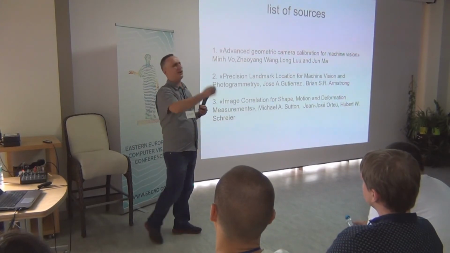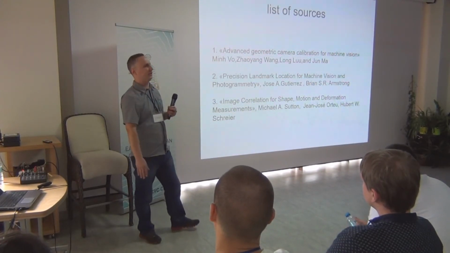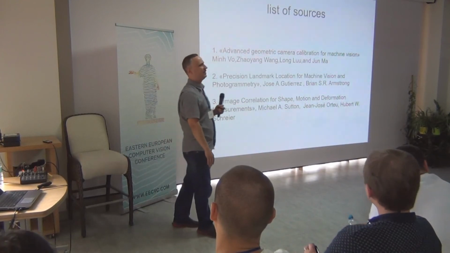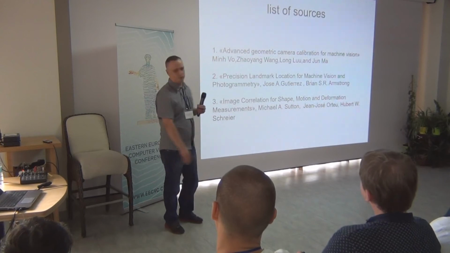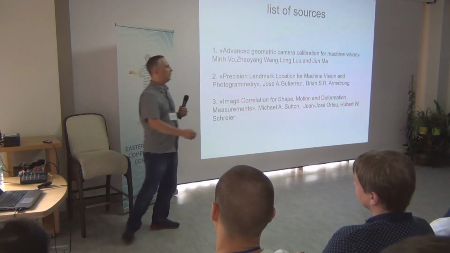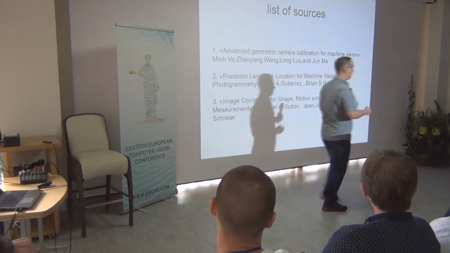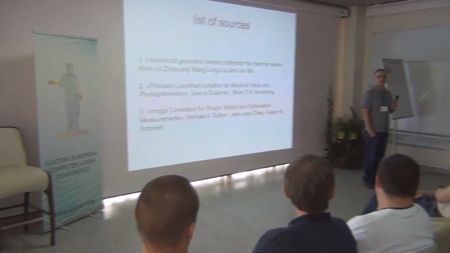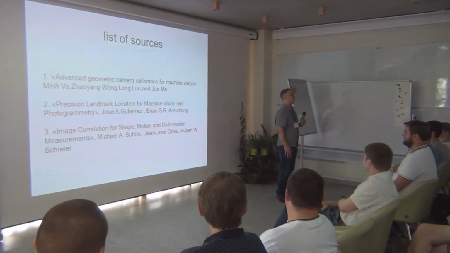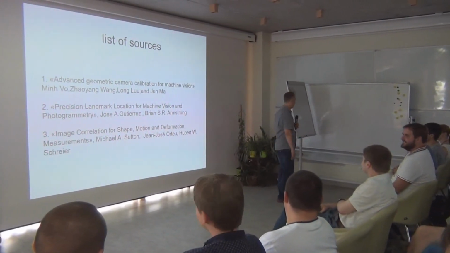I just forgot how it sounds in English. But what is different in accuracy? In two words, it's not a difference in accuracy. It's a difference in convergence of optimization.